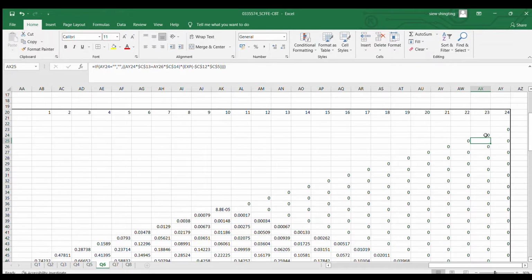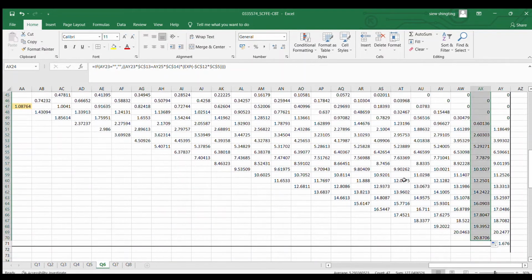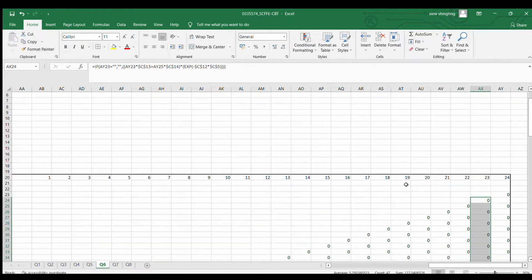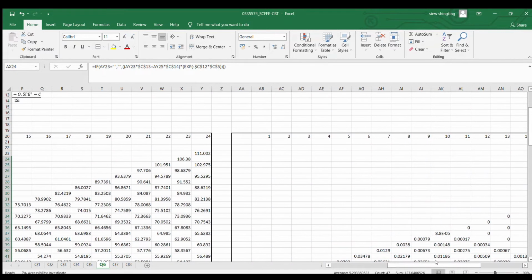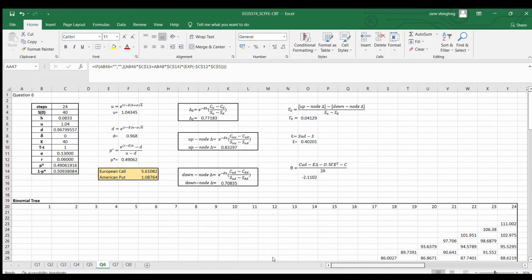So we just pull the data until the upside of 23rd. We can get the data. Okay, so we just use the same formula until the 0 period here, so we can get the American put is 1.08764. Okay, so we just put the data here.